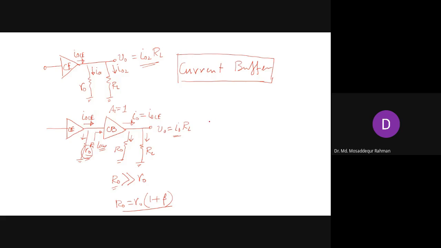And that is how it helps, and it modifies the gain expression for the common emitter amplifier.